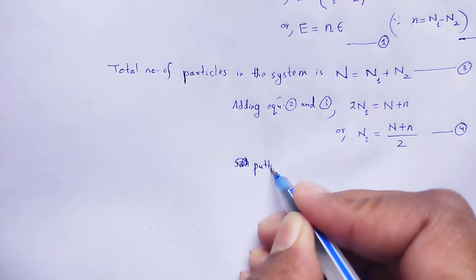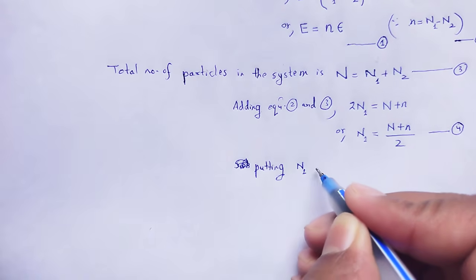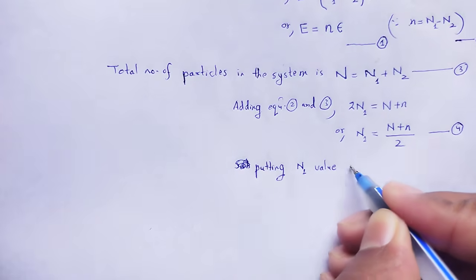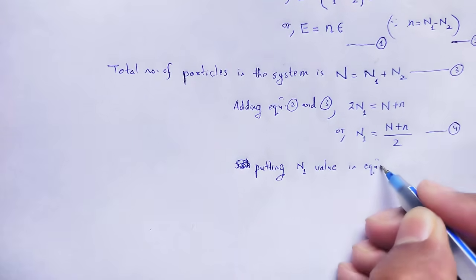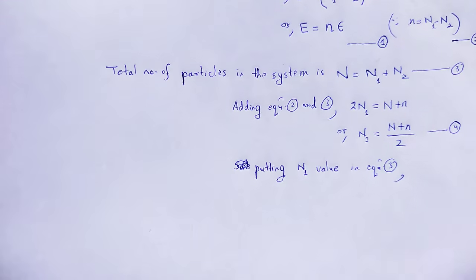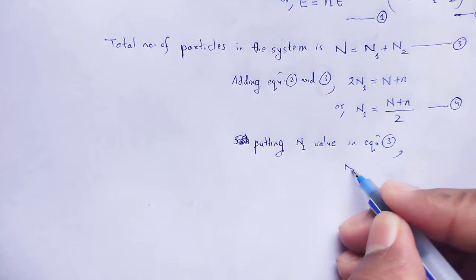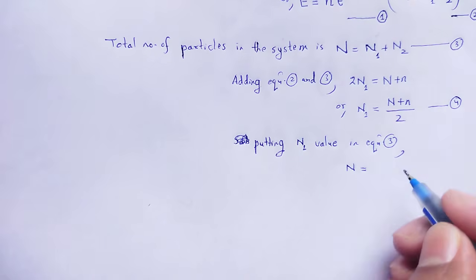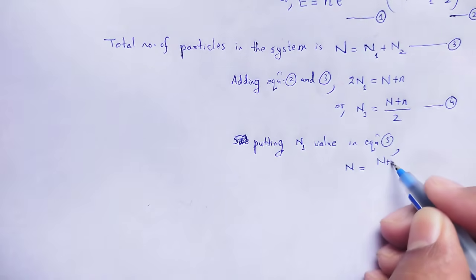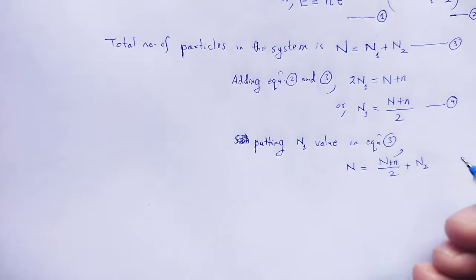Putting the N1 value in equation 2, N is equal to the value of N1, that is N plus n divided by 2, plus N2.